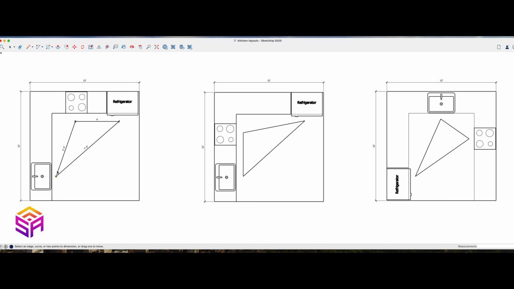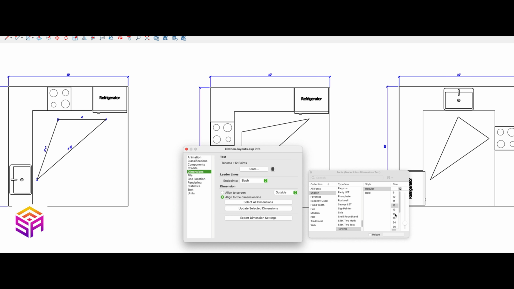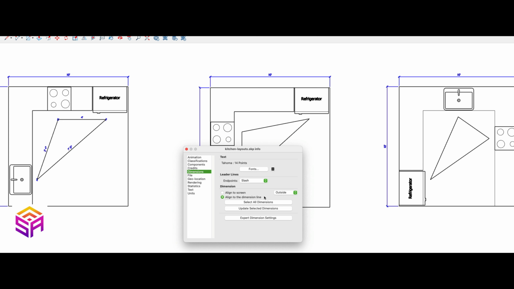And so you can see in this first kitchen, actually, let's increase our fonts here just a little bit. So let's go into our dimension fonts. Let's make those 14s. Let's select all and update those, make them a little easier to see going forward.